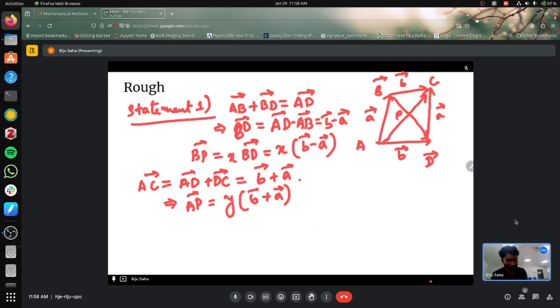The next thing would be to find the values of X and Y. Remember we had to prove that both these diagonals bisect each other, or in other words, X and Y should come out to be equal to half.